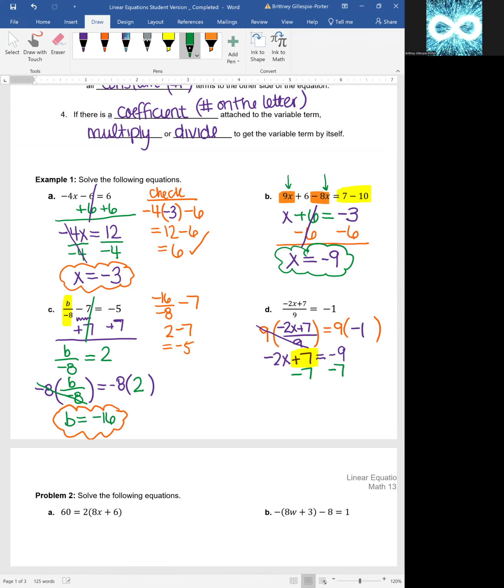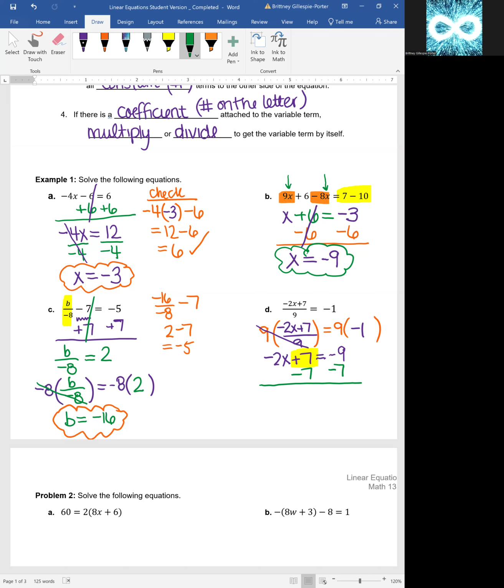We're doing the opposite because we're going from one side of the equation to the other. When you're on the same side, you just combine as you see them. Like in example 1b, 7 minus 10, same side gave us -3. I didn't change anybody's signs because I didn't change sides of the equation.